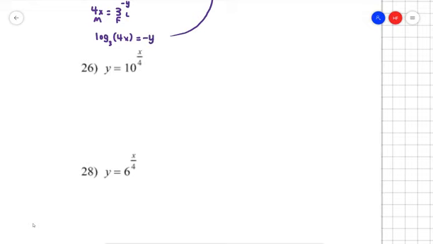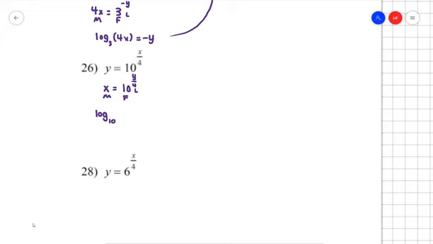And on number 26, switch our x and our y, and convert first, last, and middle. Remember, the base of either our exponents or the base of our logs is always going to be the base. So that should be your marker of where first goes, last goes next to it, and then middle's on the other side always.